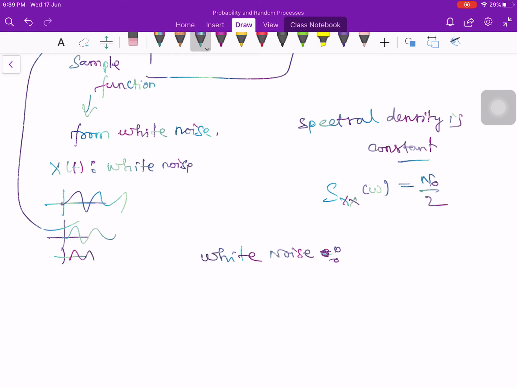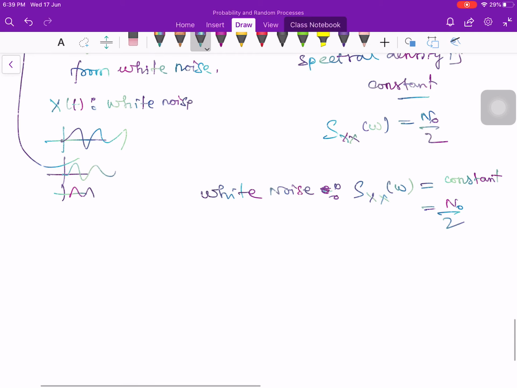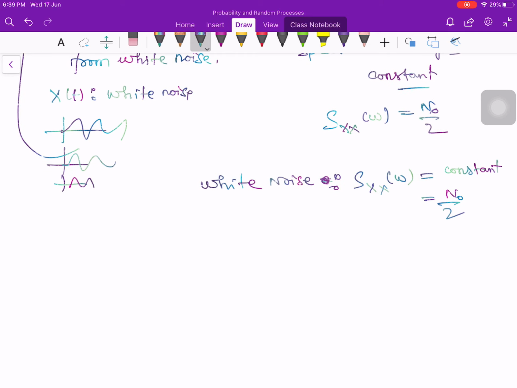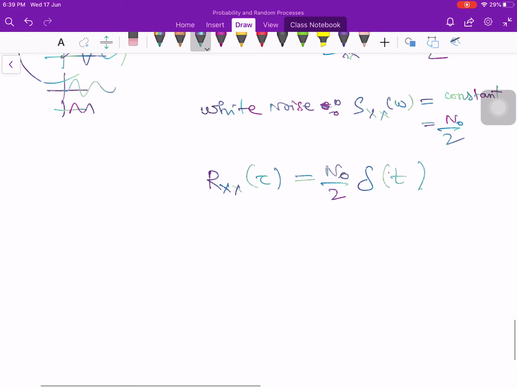Therefore, if you take the inverse Fourier transform, you will get the autocorrelation function, and that autocorrelation function is going to be n0 by 2 times del of tau.